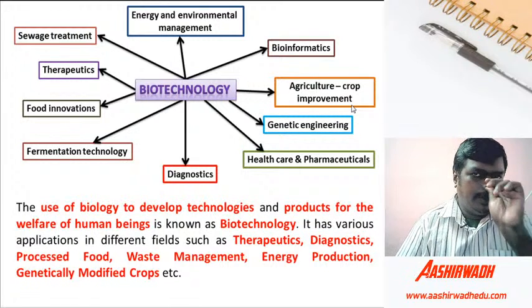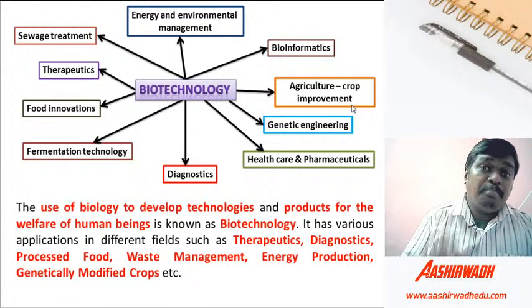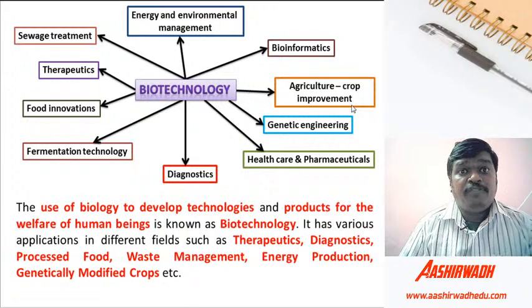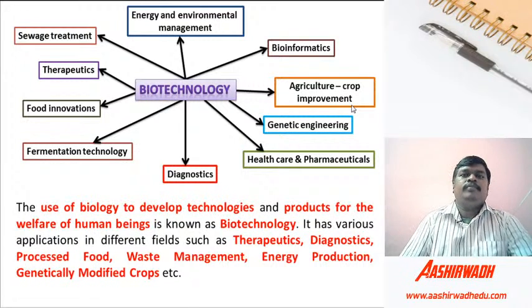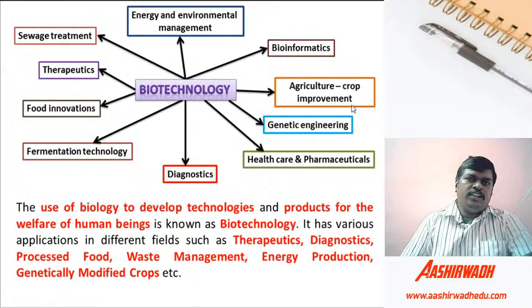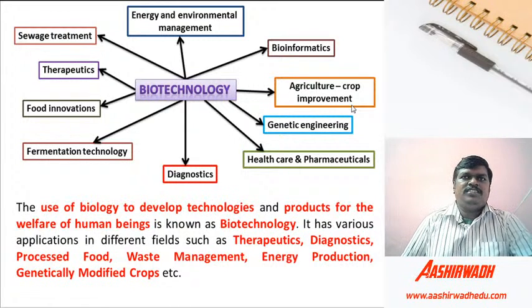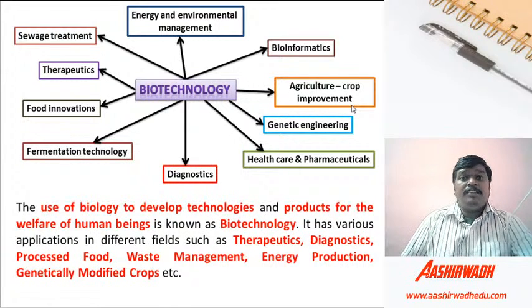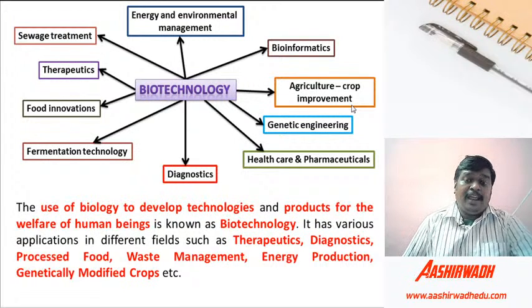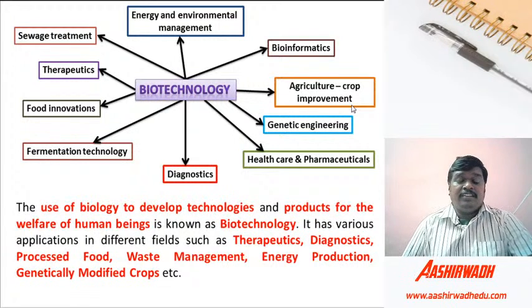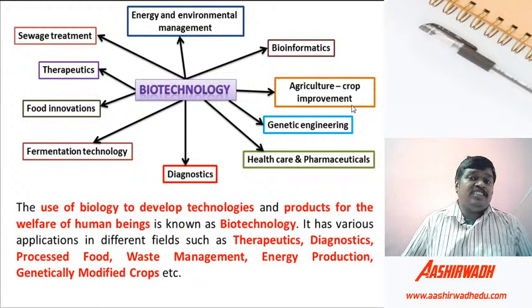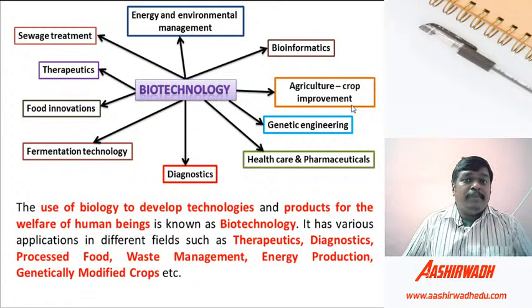In crop improvement, we make genetically modified organisms: disease resistant plants, drought resistant plants, heat resistant plants, pest resistant plants, and high yielding varieties of plants. Like that, different types of plants can be produced using biotechnology.